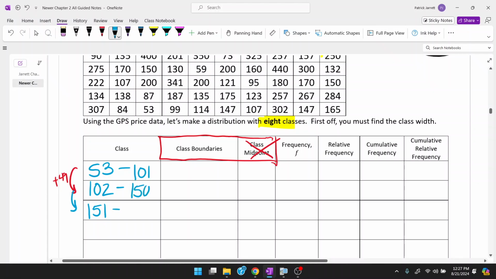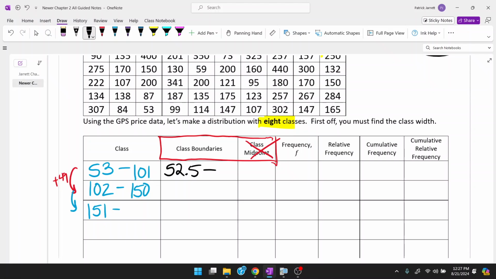Look at it this way, folks. 101 plus 49 is 150. Now, for the boundaries, this is where it's important. 52.5 to what? We're not subtracting. This is the range of values.